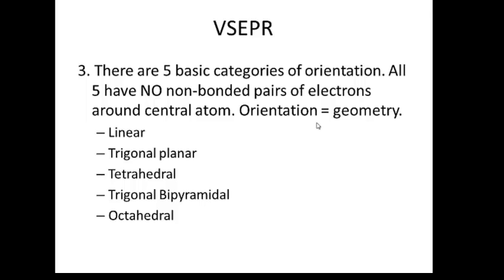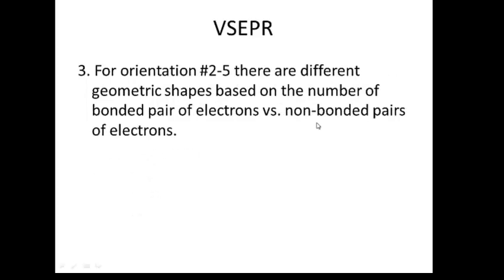There are 5 basic categories: linear, trigonal planar, tetrahedral, trigonal bipyramidal, which I call trig-bippy, and octahedral. For orientations 2 through 5, which are trig-planar, tetrahedral, trig-bippy, and octahedral, there are different geometric shapes based on the number of bonded pairs of electrons versus non-bonded pairs.